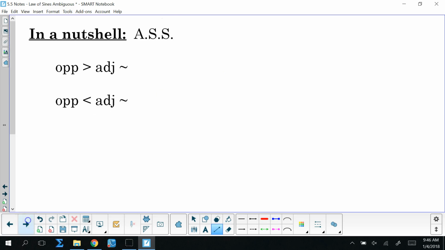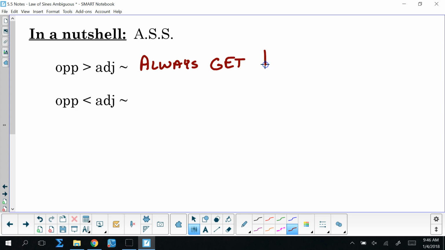Okay. All right. So, to sum it up, in a nutshell, when we're dealing with our angle side sides, if my opposite side is longer than my adjacent side, we will always get one triangle. Always.